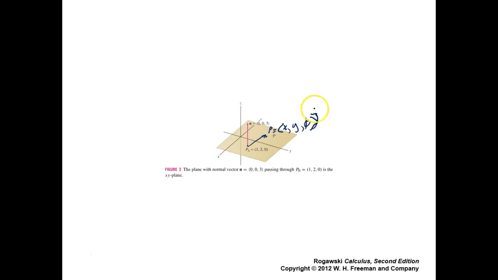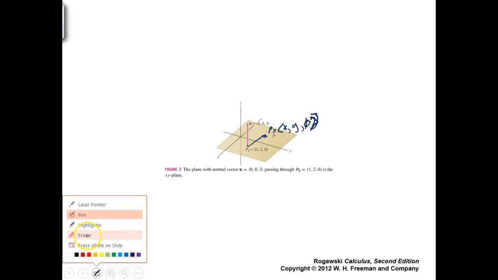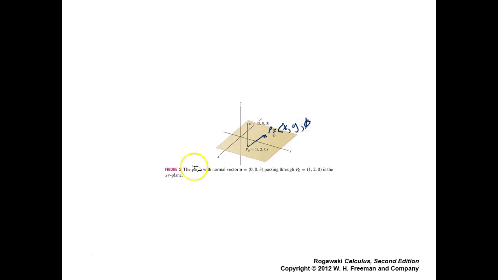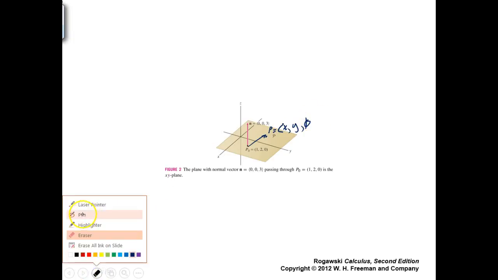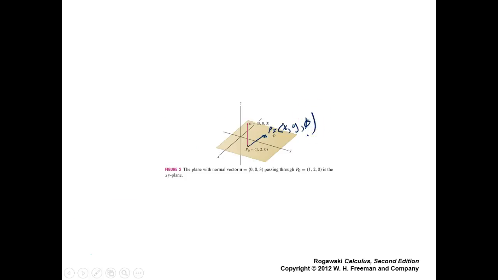These are parentheses, not angle brackets; I'm going to get to the angle bracket soon, but not yet. That's just a point. Then the vector P0P would be x minus 1, y minus 2, 0. It does have a z component, but that component is 0.